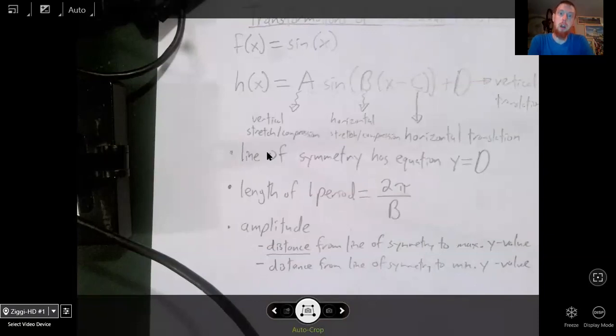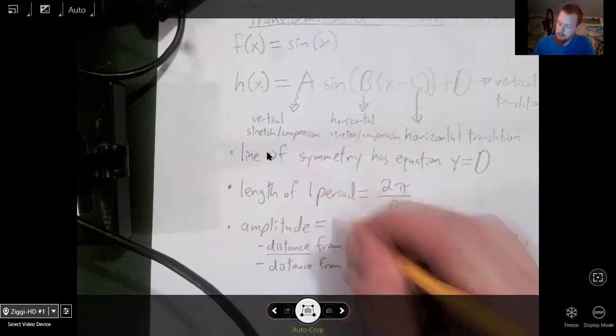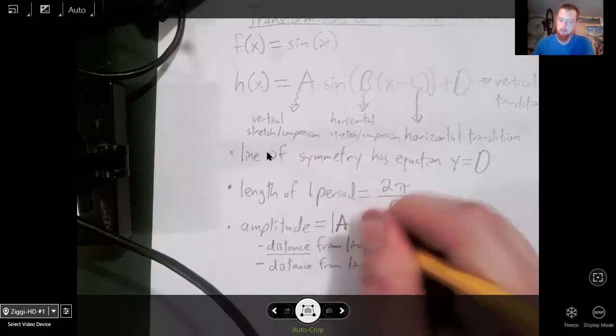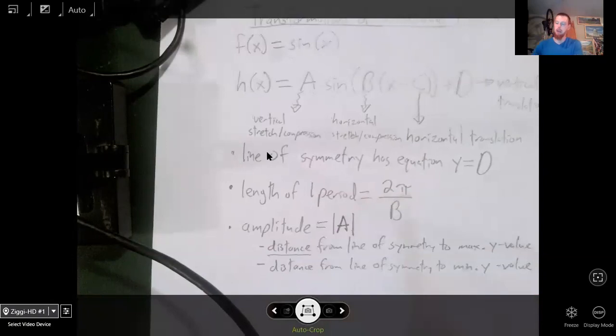What kind of numbers are not on the ruler? Negative numbers. So even if you have a negative value for A, your amplitude is still going to be a positive number. That's why we want to say the amplitude is the absolute value of that number A that you have right there.